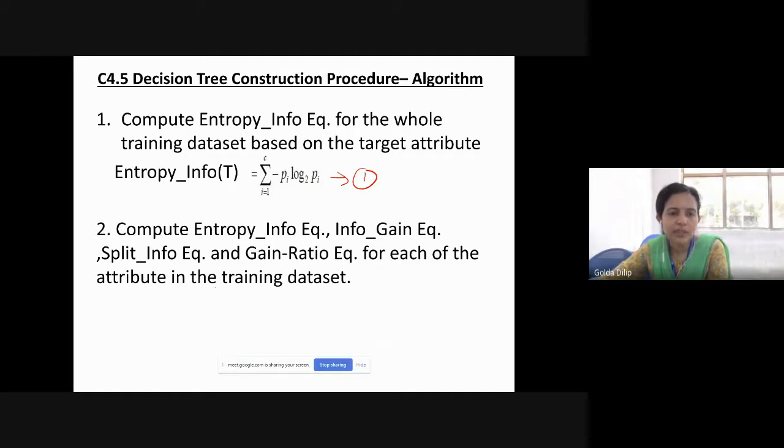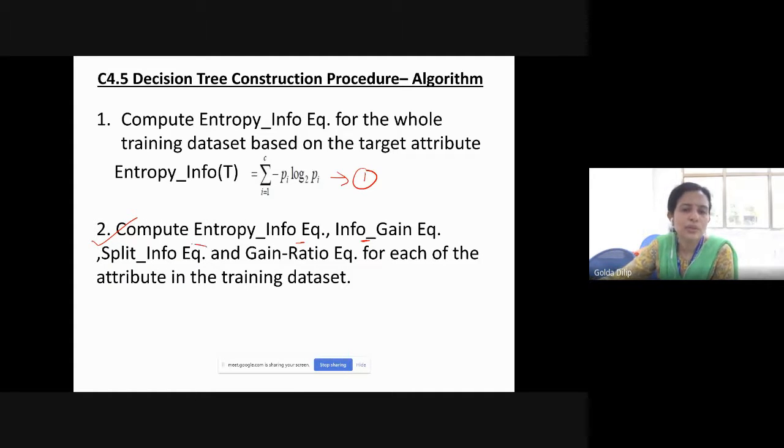After that, for normalizing, we compute some other information also. The second step is to compute the entropy information equation and the information gain equation. These two are the same as your ID3.